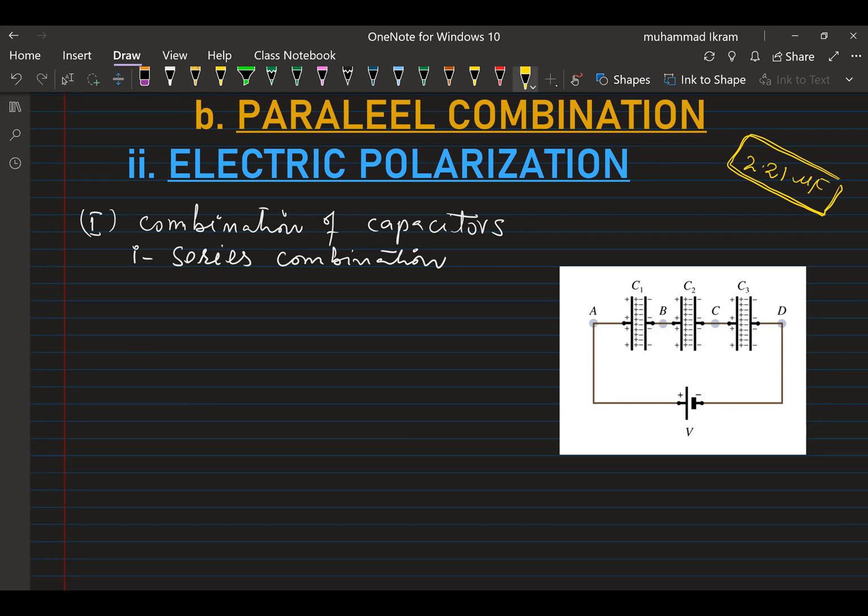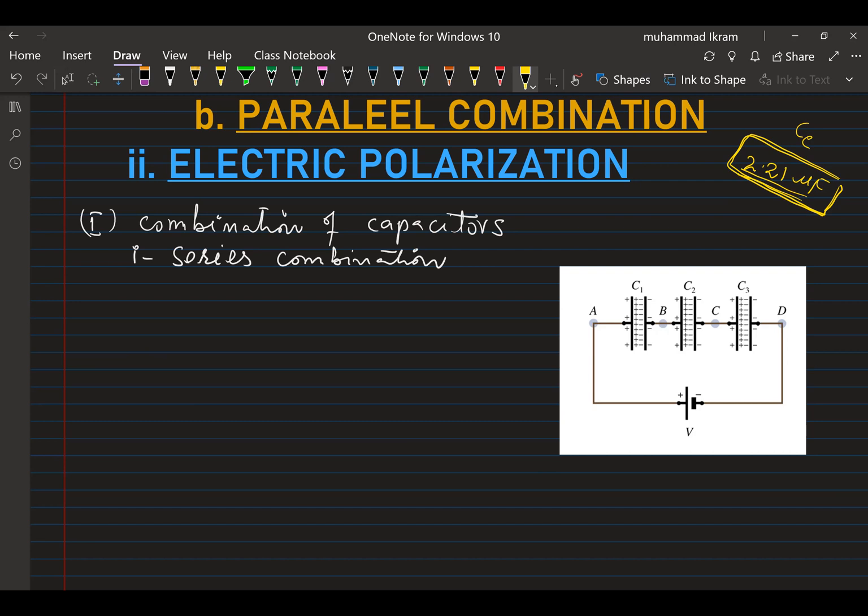Because you know that there are infinite numbers between 2 and 3, so the industry cannot manufacture all kinds of capacitors. So if you want a capacitor which has the capacitance 2.21 microfarad, then definitely you will combine two or more capacitors in a way that the resultant or equivalent capacitance is 2.21.